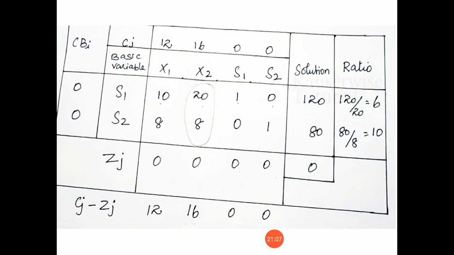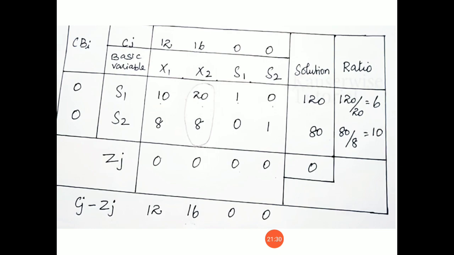So solution divided by the key column. For the first element of the ratio column, the solution is 120, divided by the corresponding element of the key column, which is 20. So it is 120 divided by 20, and it is equal to 6.